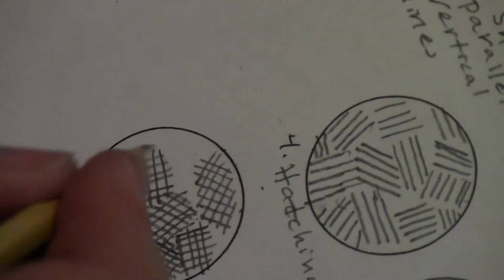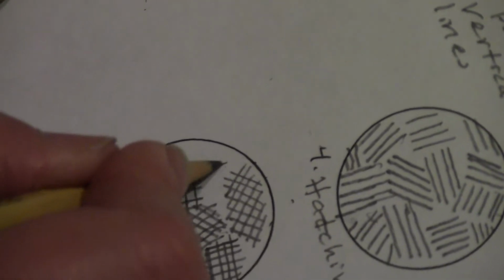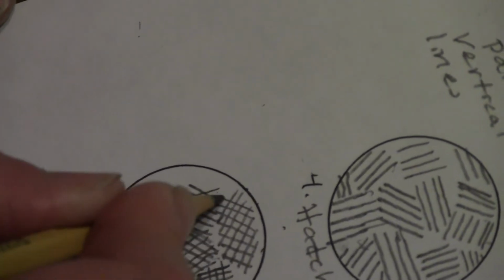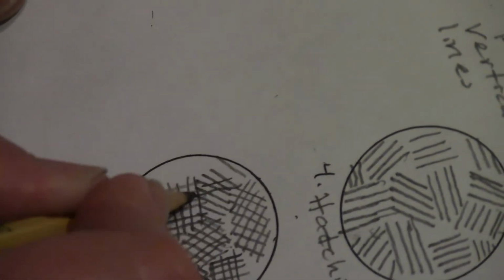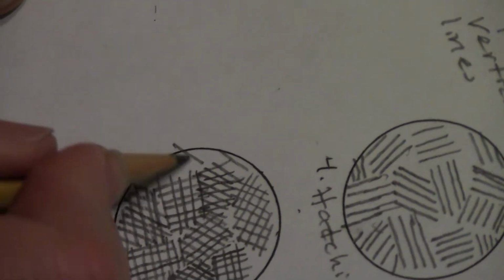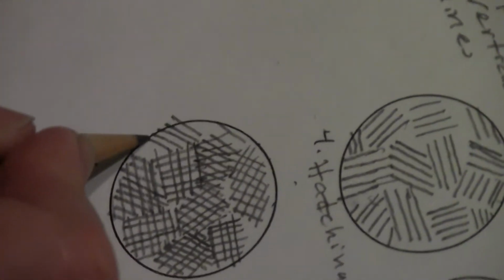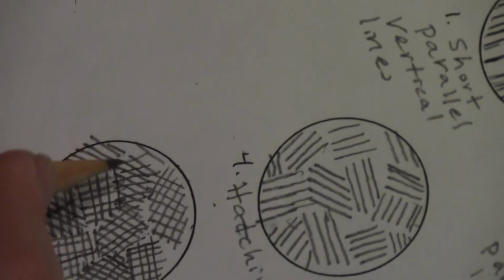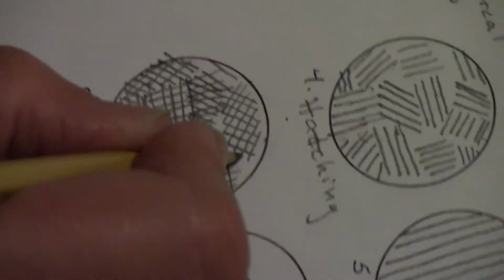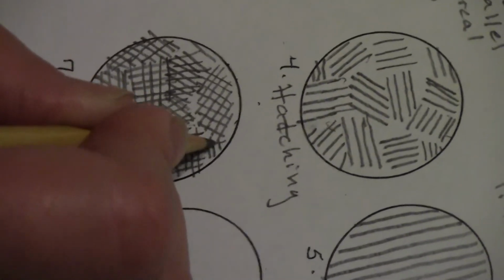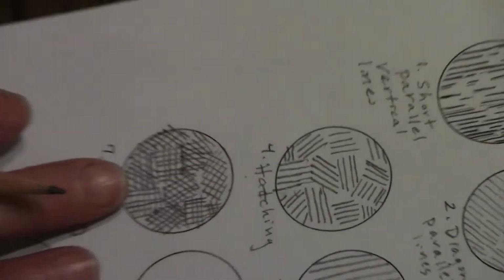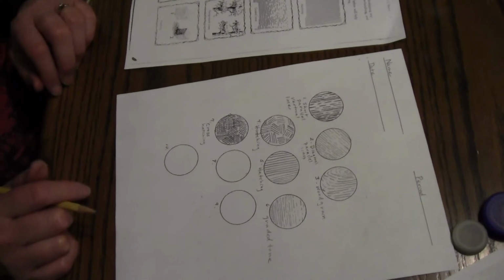And then if I have space left over, I might vary the pattern a little bit, or vary the direction of the line, but I'm going to fill the entire circle and all the spaces that I have left. Okay, so I have blocks of pattern.